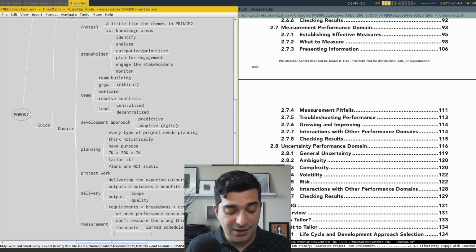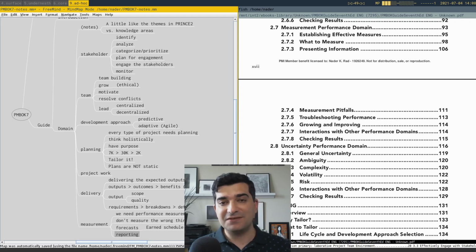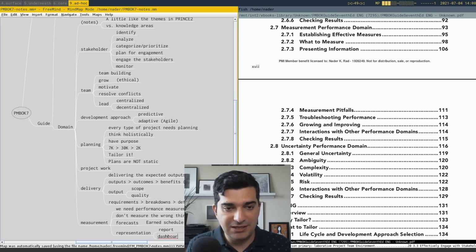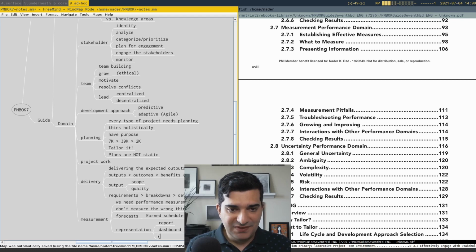Measure what you want to get out of the project, or proxies that are good representations of those things. And then, of course, when you have the values, you also want to report them. And the way you do it, well, let's call it representation of those values. It can be a typical report, or it can be a dashboard or something like that. For both of them, there's this field of knowledge called information visualization.